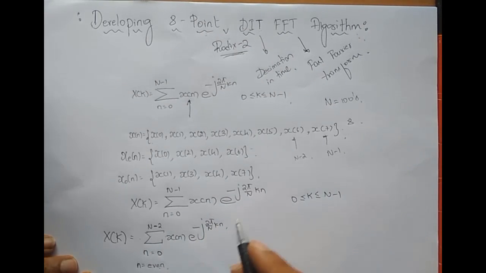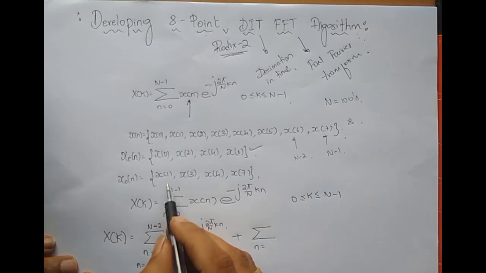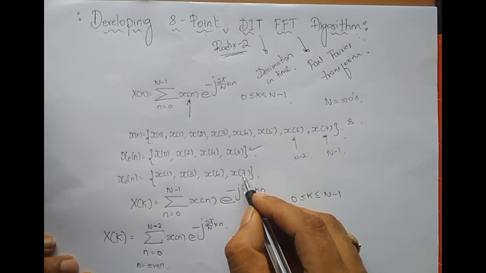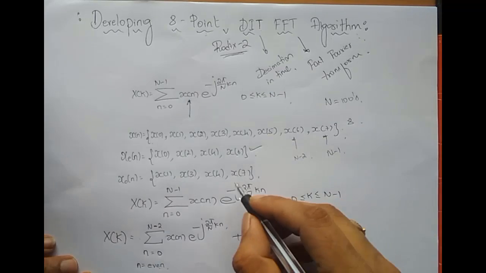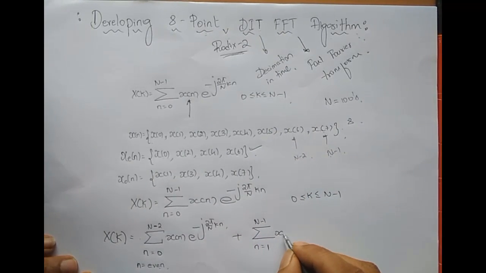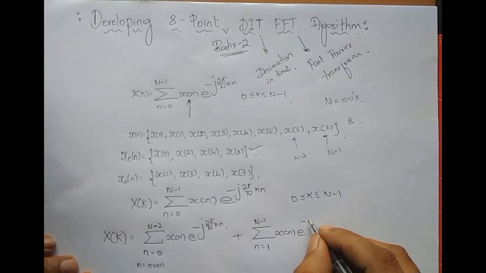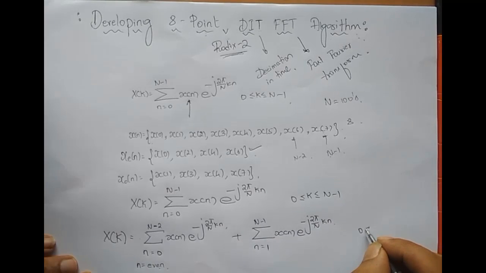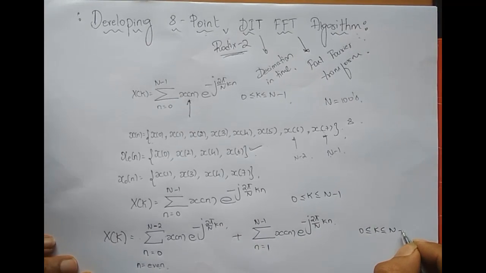This is for the even sequence, plus summation n varying from 1 up to 7, and in terms of N, 7 is the last sample, which is N minus 1, of x of n e power minus j 2 pi by N kn, and k is varying from 0 to N minus 1.